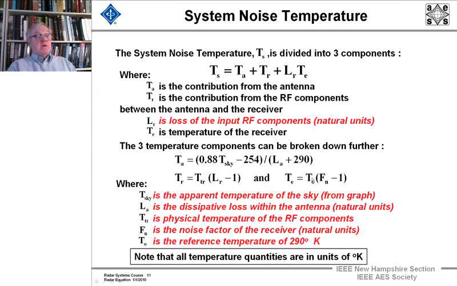And T sub E, which is the temperature of the receiver, is just the ambient noise temperature times F sub N, which is the noise factor of the receiver, and it's a characteristic of how much noise is generated in the receiver, minus 1. Now, all these units of temperature are in degrees Kelvin.